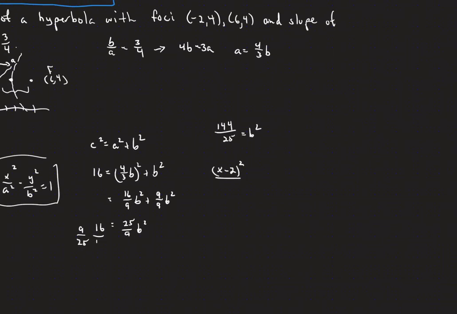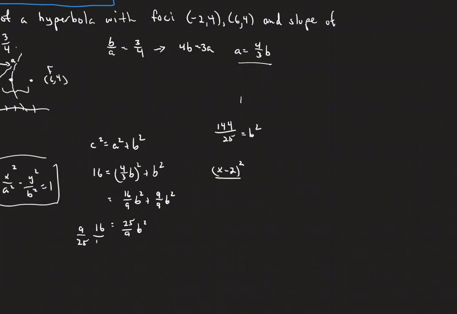Sorry about that. So if our b squared is 144 over 25, and our a squared is going to be, did I have a squared anywhere? Yes, here we have the a right here.